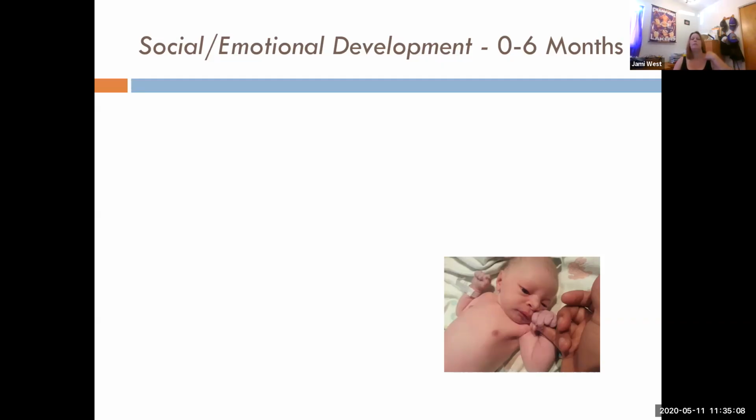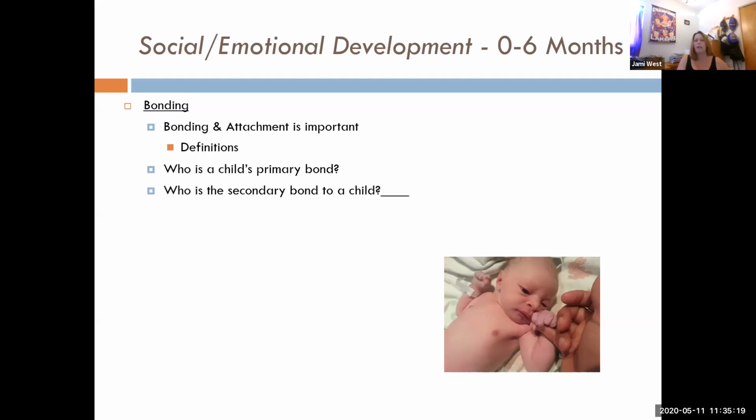All right, because it will be important for you to understand that we are talking about the social emotional development and what that means. All right, so let's talk about what's important for children, or what their 0 to 6 months and what their social emotional development looks like. The first connections a baby makes is with the people in their life, okay?